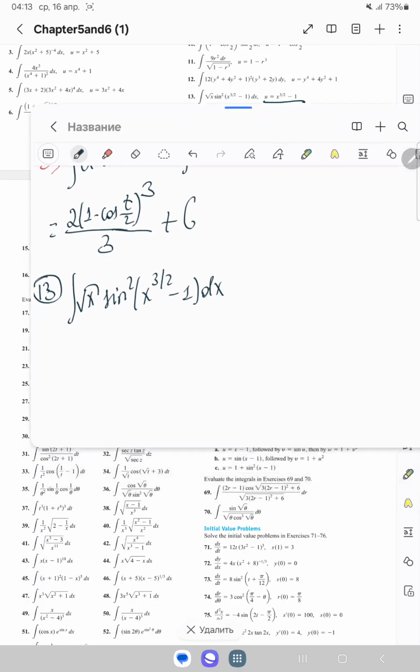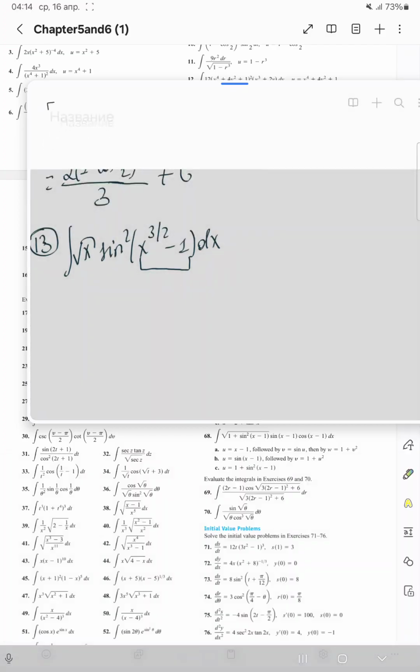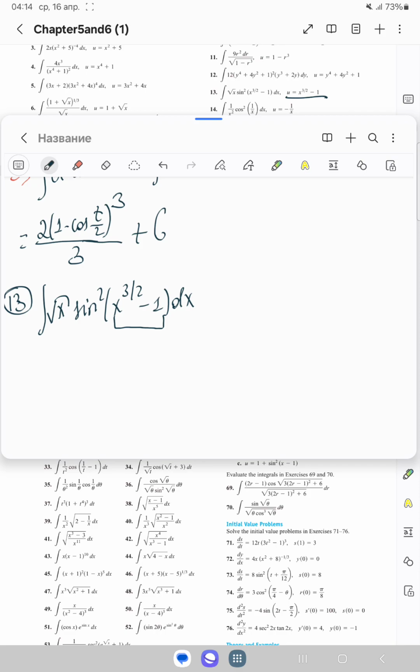Believe me, it's not that difficult. We can say u for this part. Don't ask me how I know it. It's given in our statement.